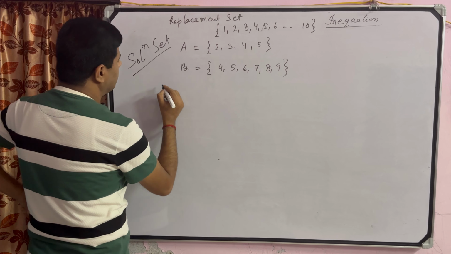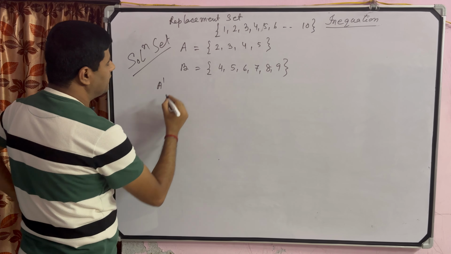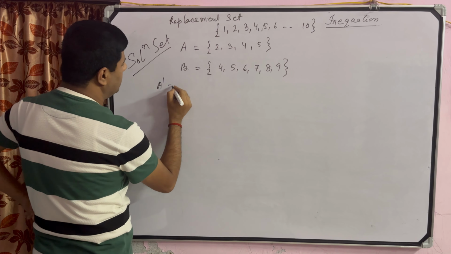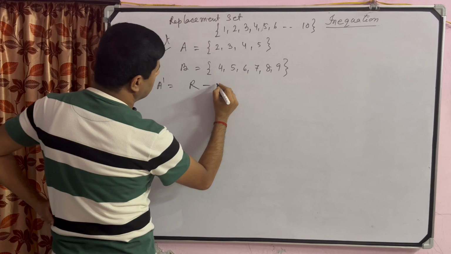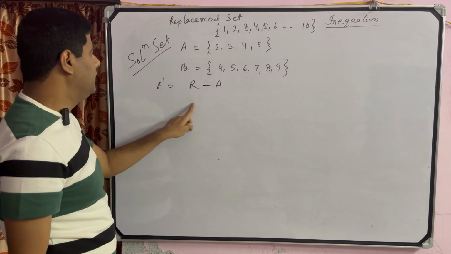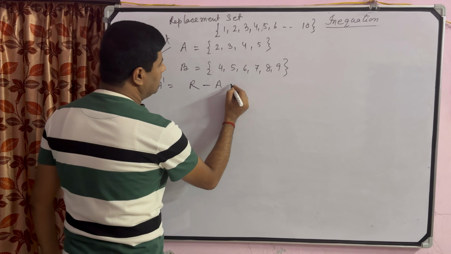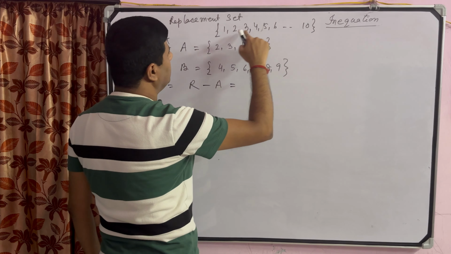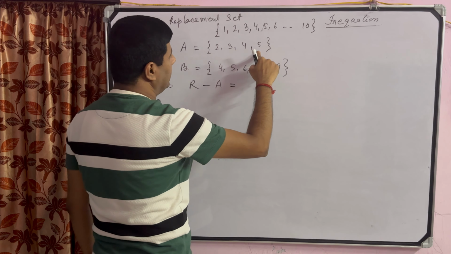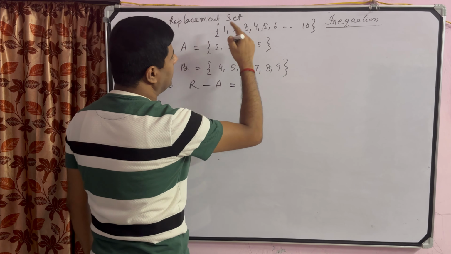So first you need to understand what is A dash. A dash means A complement. A complement means replacement set minus set A. This means we will be removing all the members of A from the replacement set. This means all the members which are there in the replacement set but not in A. So except 2, 3, 4, 5, we'll be writing all of them.